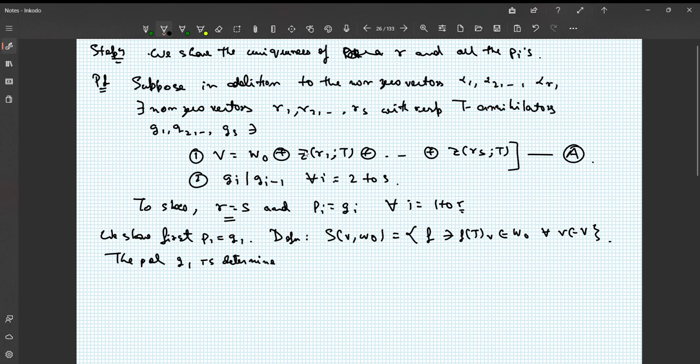What we need to show is that the polynomial g1 is determined from A as the generator. Let me not use this for the moment.